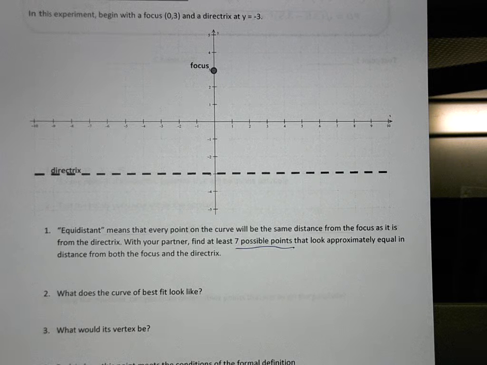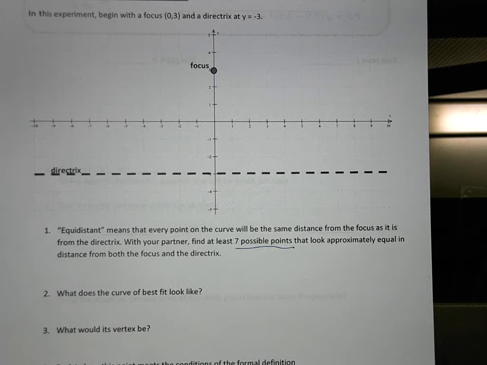I think Brandon's right. 6 and 3. What? Let me see. No, actually.